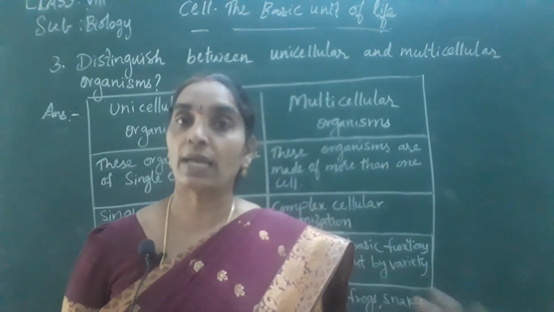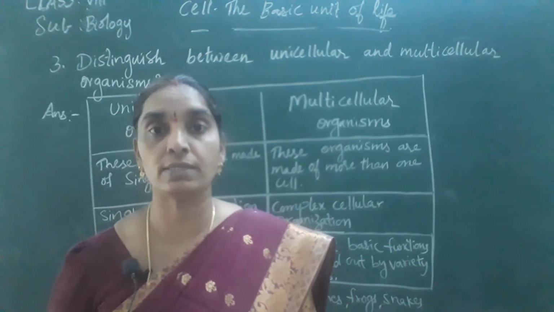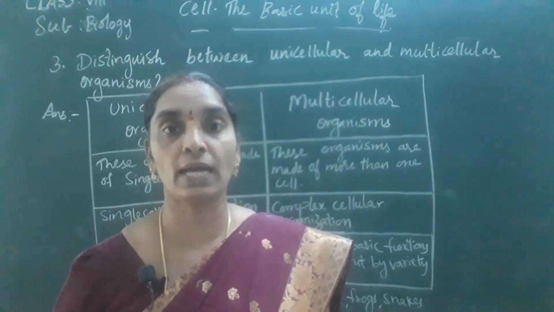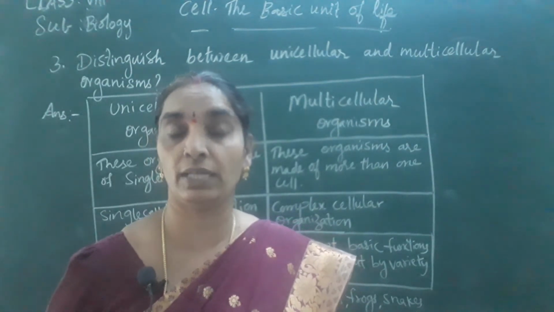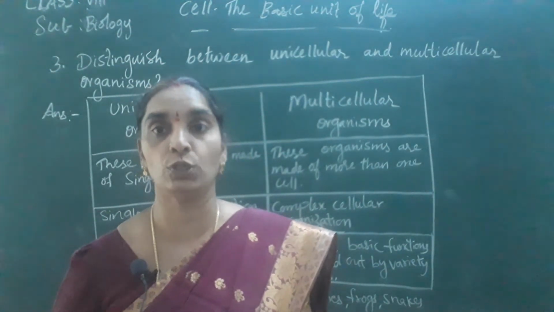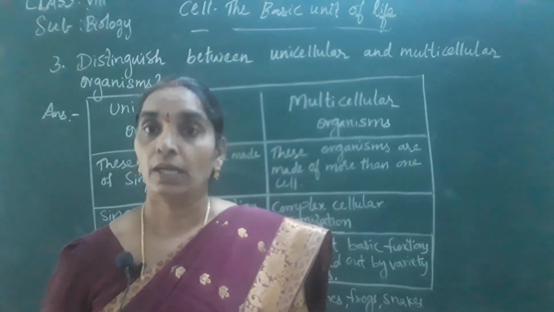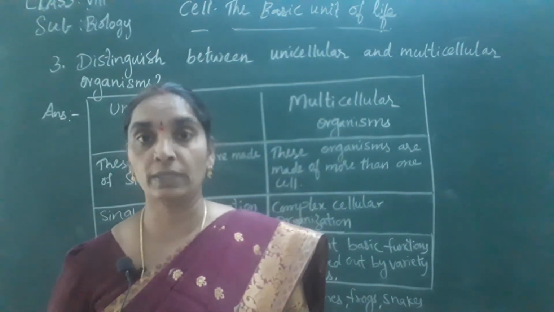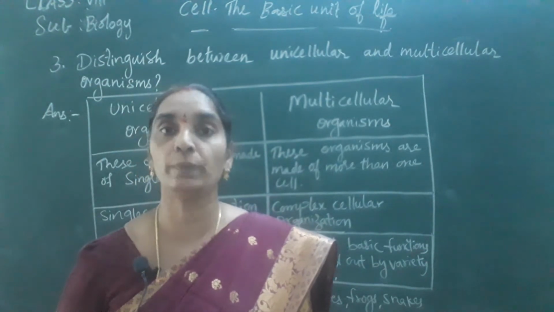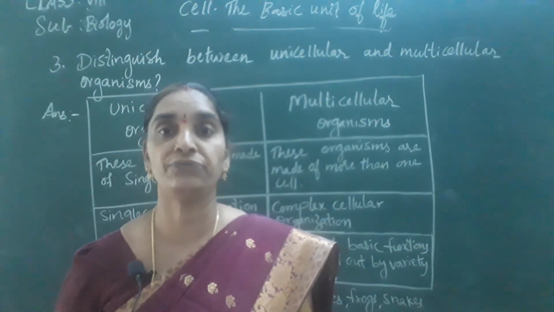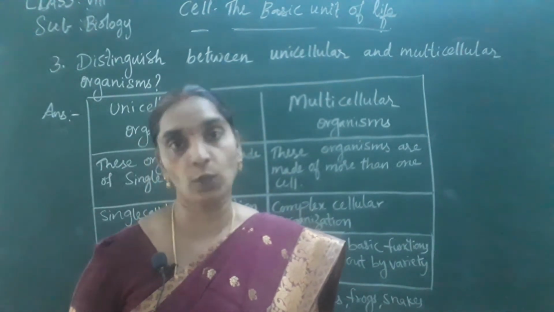Okay, children. As you know very well, the unicellular organisms are bacteria, amoeba and chlamydomonas. Multicellular organisms include plants, where you also find numerous cells, and animals such as fish, frog, man, snakes, etc. They contain numerous cells, and the specific functions are performed by different cells in their body.